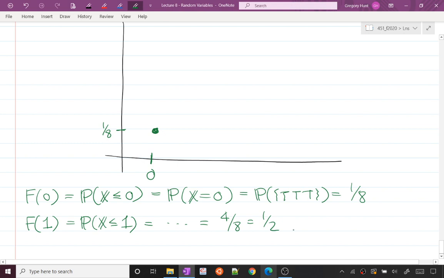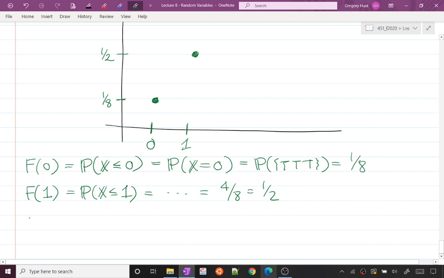I can have 0 heads or 1 head: 3 ways to get 1 head, 1 way to get 0 heads, so 4 outcomes. So I'm going to jump up to 1/2. It's a bit tedious, but it's a nice exercise to go through at least once in your life.